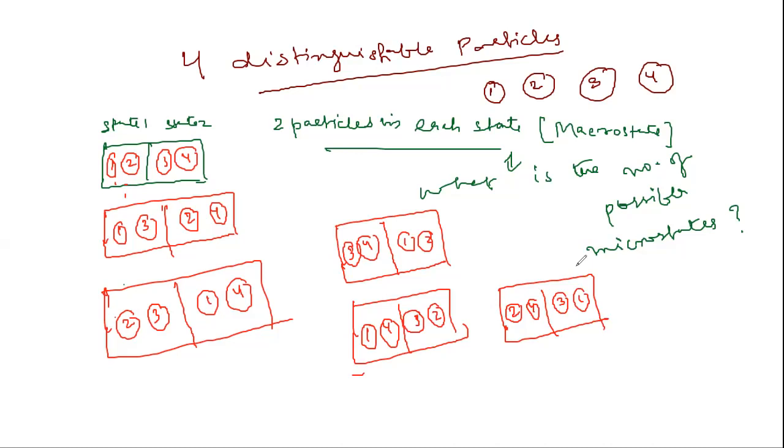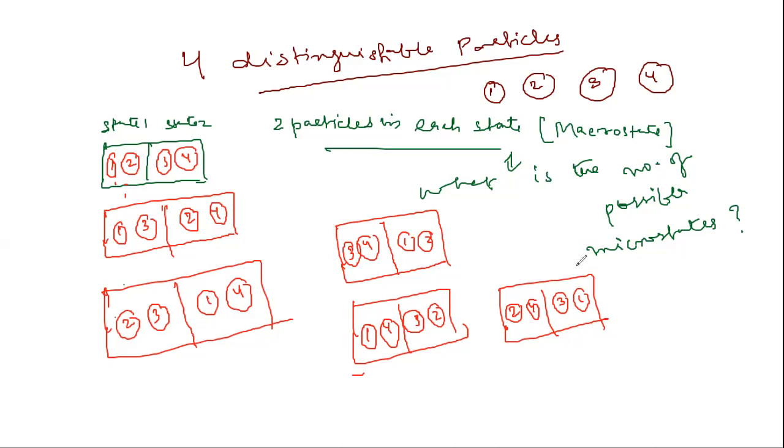In third, 2 and 3 in state 1, 1 and 4 in state 2. Then you have 3 and 4 in state 1, 1 and 2 in state 2, then 1 and 4 in state 1, and 3 and 2 in state 2, then 2 and 4 in state 1, and 3 and 1 in state 2. There is no other possibility. If you check it at your home, only these 6 microstates are possible, right?